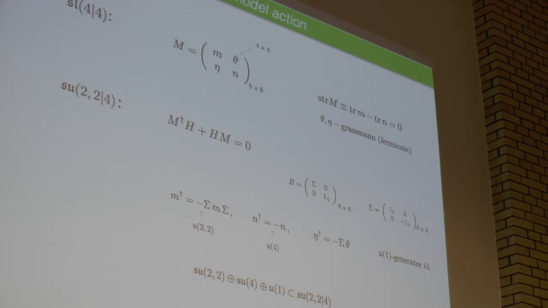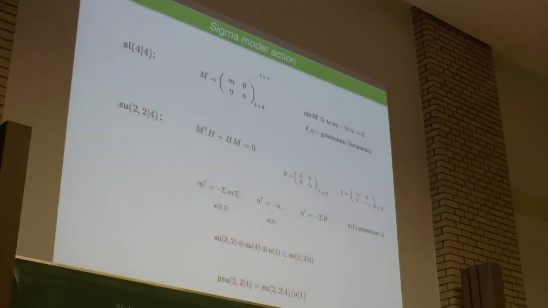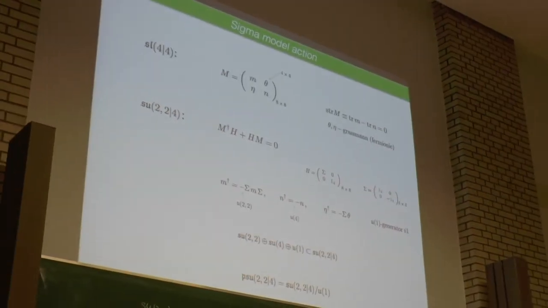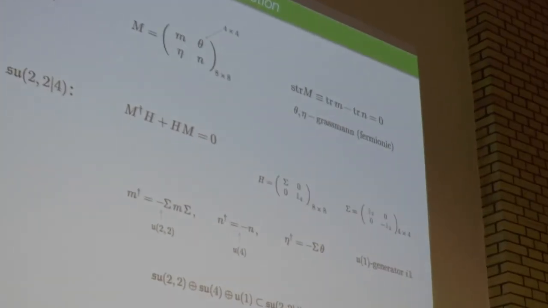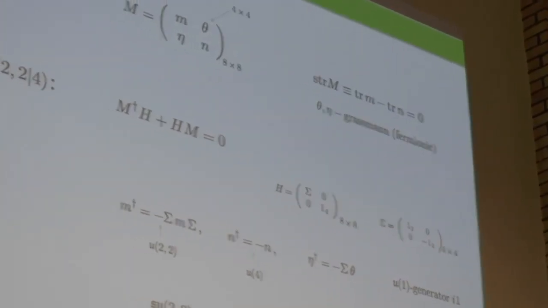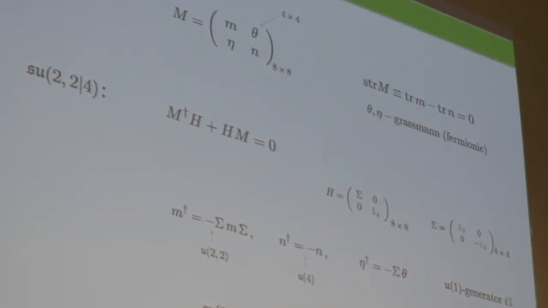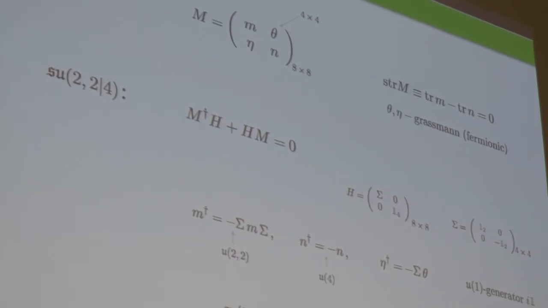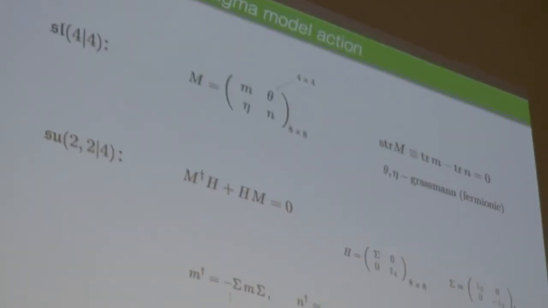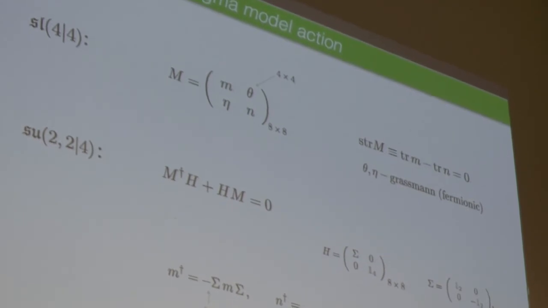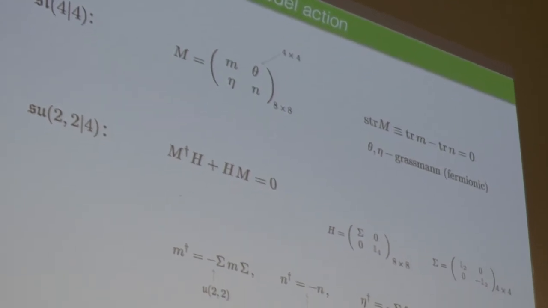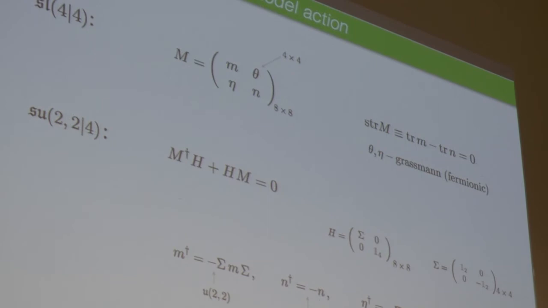Good. So let's return a little bit to the discussion of super Lie algebras. Now I would like to repeat what I told you before about 8x8 matrices, but at a slightly different level and in a more relaxed manner. In a more relaxed manner, we define SL(4|4) as an algebra of 8x8 matrices.